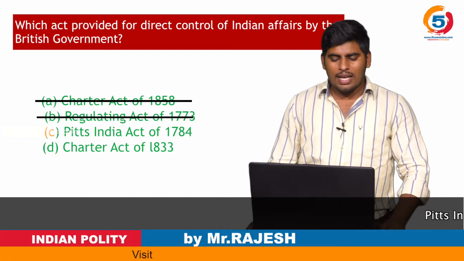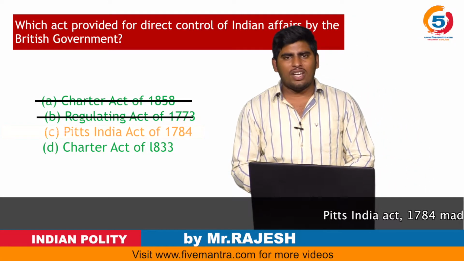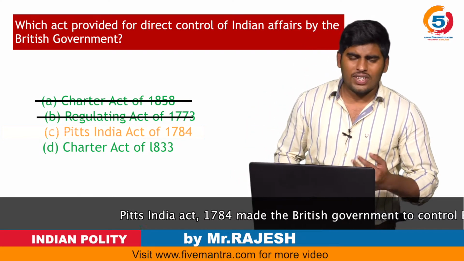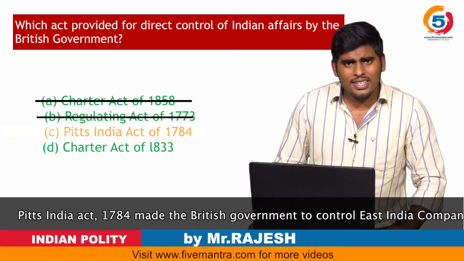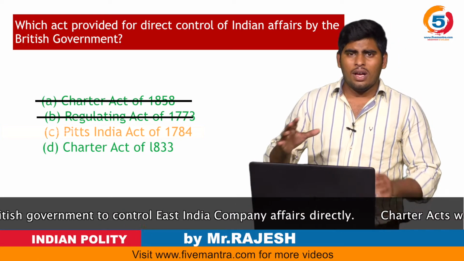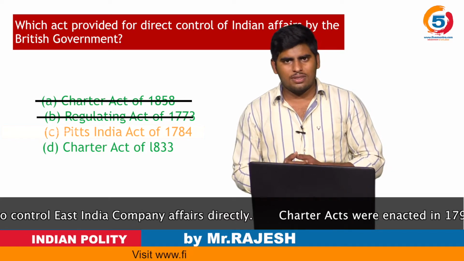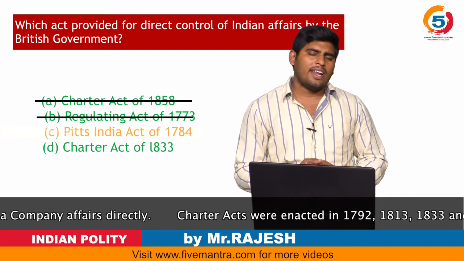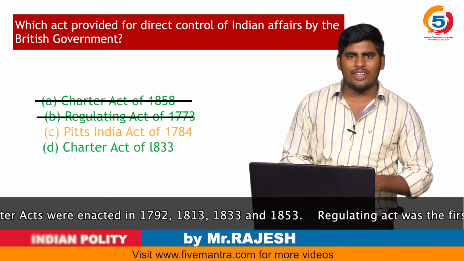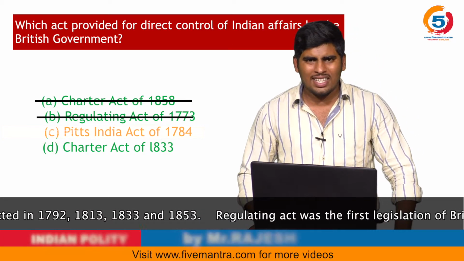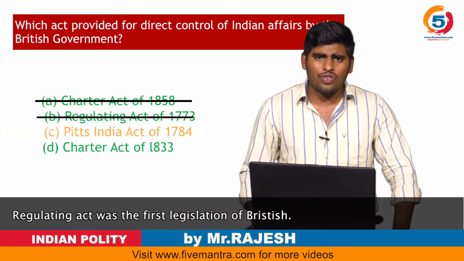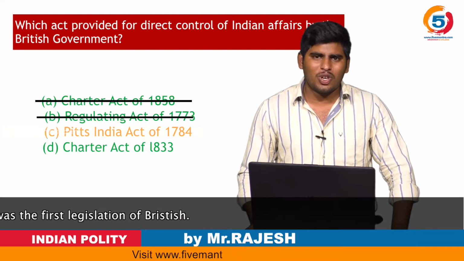And the third option is Pitt's India Act of 1784. Actually, it is the act that followed the enactment of the Regulating Act of 1773. This Pitt's India Act 1784 is intended to block the loopholes that existed in the prior Regulating Act of 1773, and under this act, the British government created a new body to regulate the administrative affairs of Indian territory, called the Board of Control.